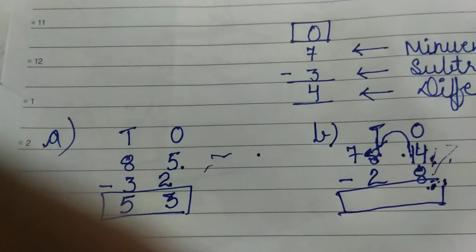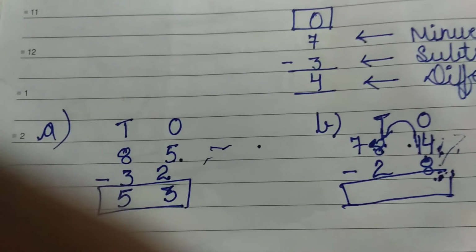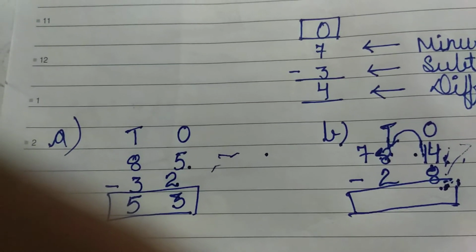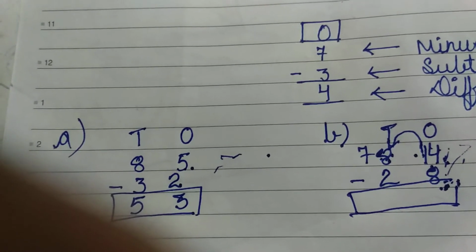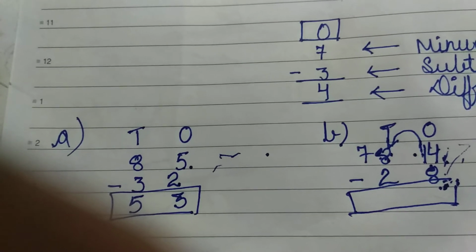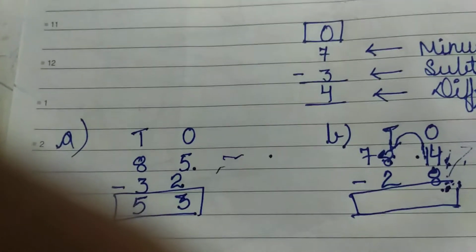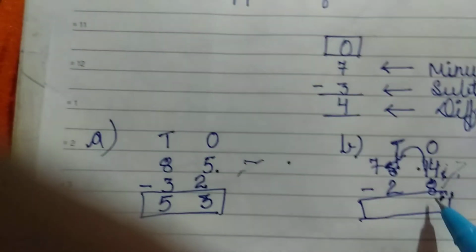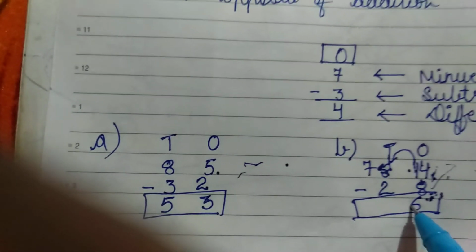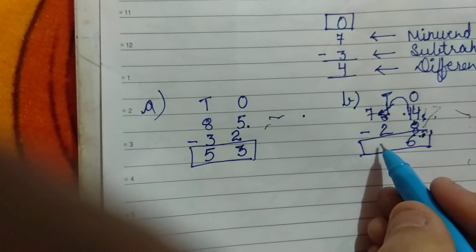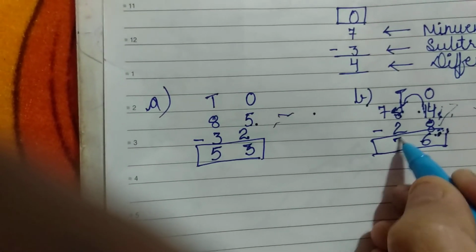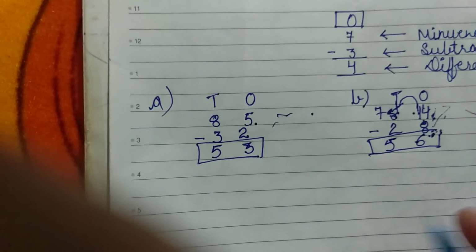Now children, we can subtract easily. 14 minus 8 first. So 6 will come, so we'll write 6 here. Now you can do 7 minus 2. Yes, it's 5. This way children you can do.